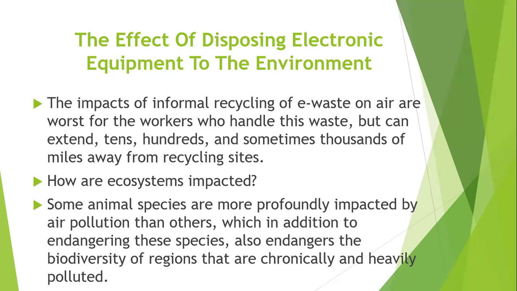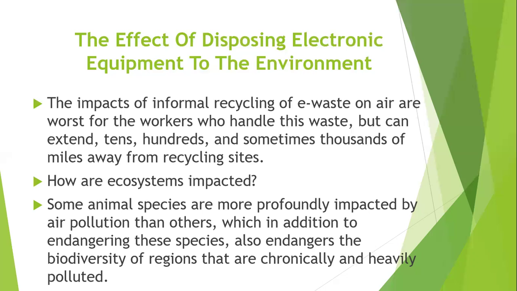How are ecosystems impacted? Some animal species are more profoundly impacted by air pollution than others, which endangers these species. That's why nowadays some species are endangered to the point of extinction because of such pollution.